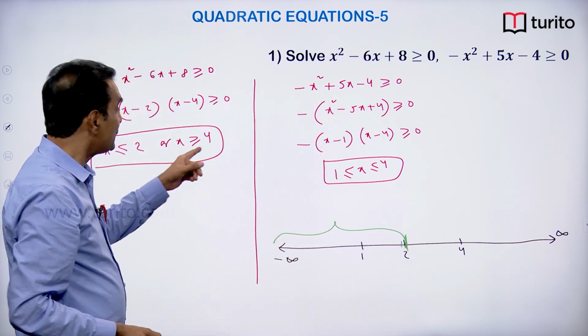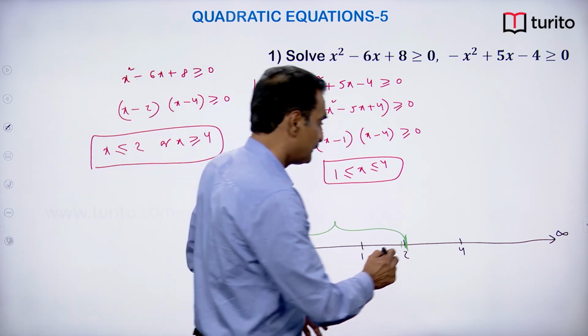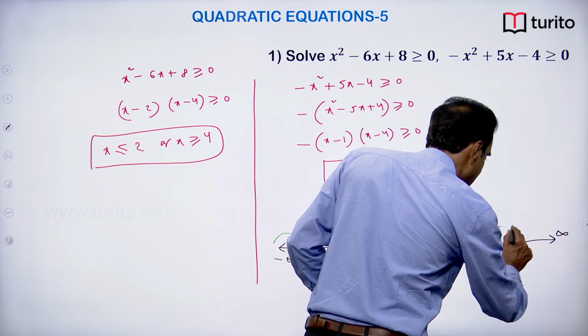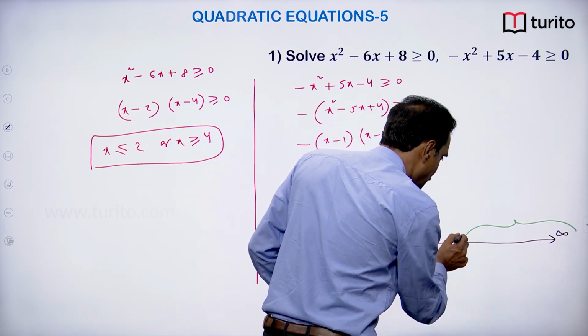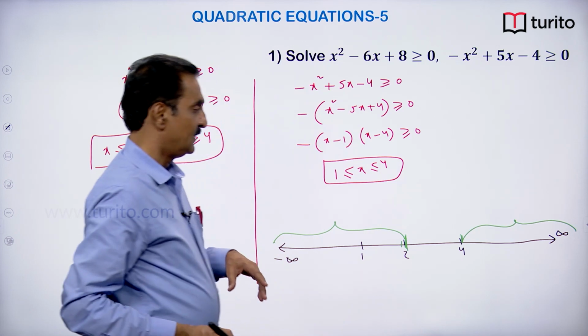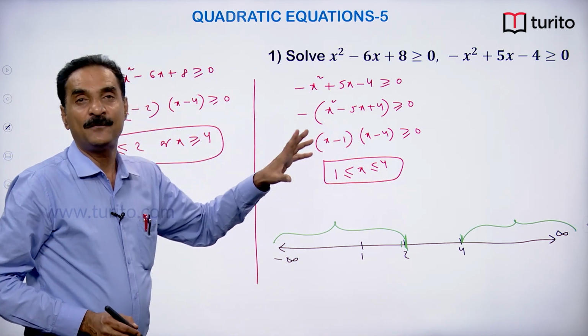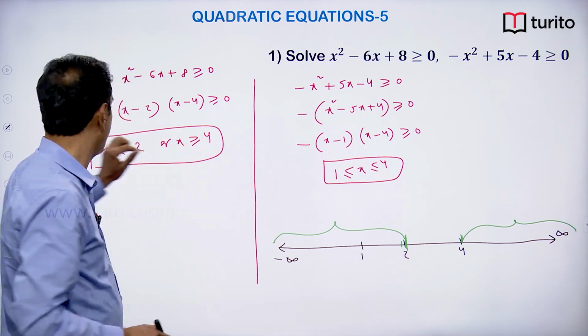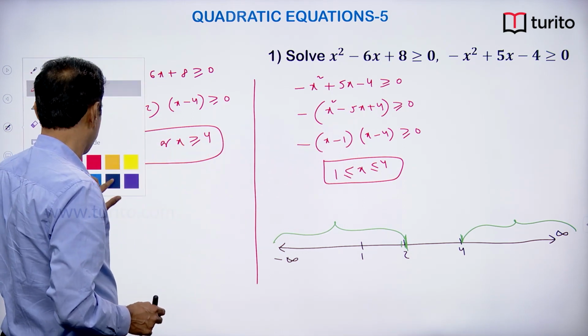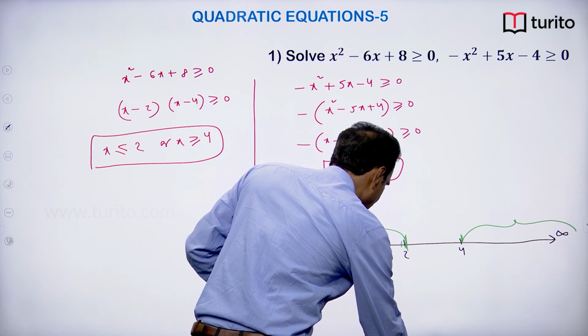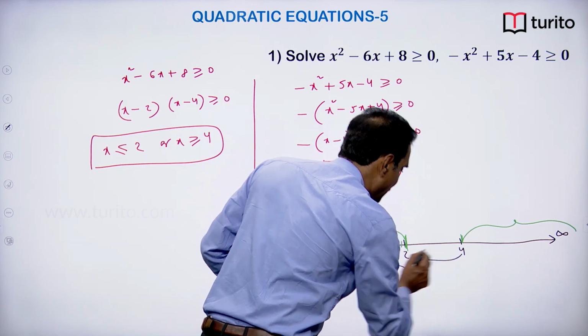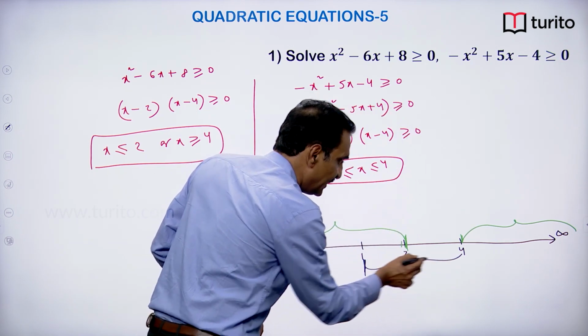Next, or greater than or equal to 4 means 4 to infinity, including 4. Second one, x lies between 1 and 4, including 1 and 4. That interval will be like this, including 1, including 4.